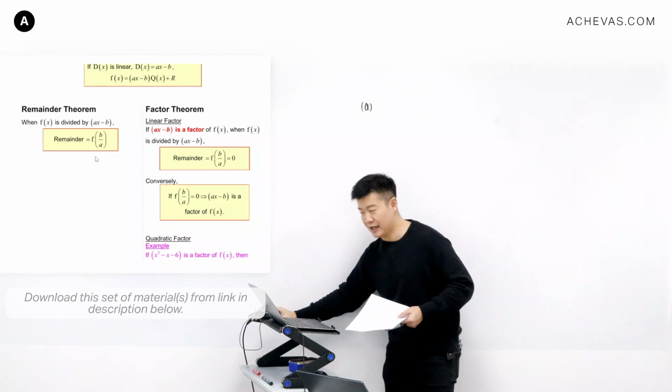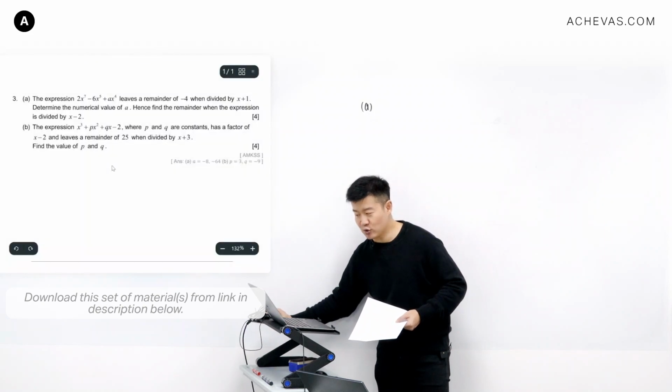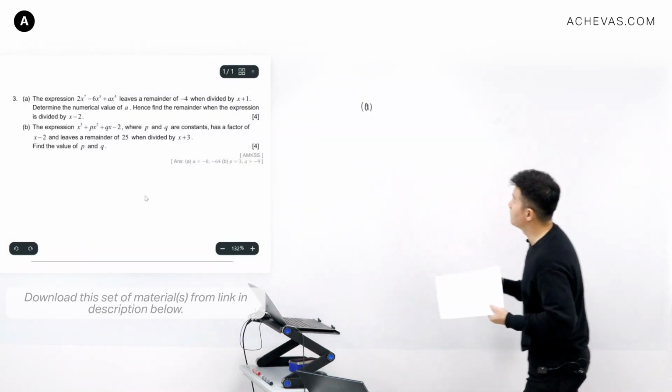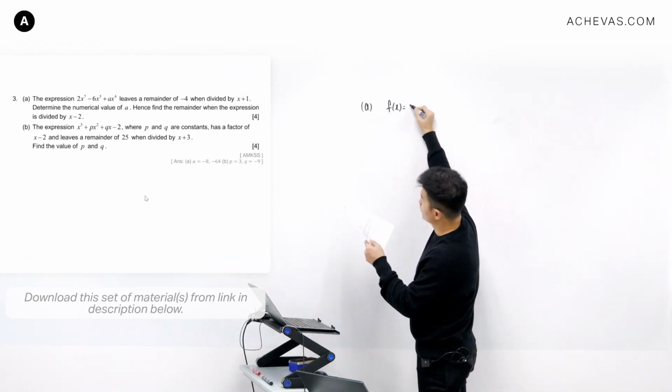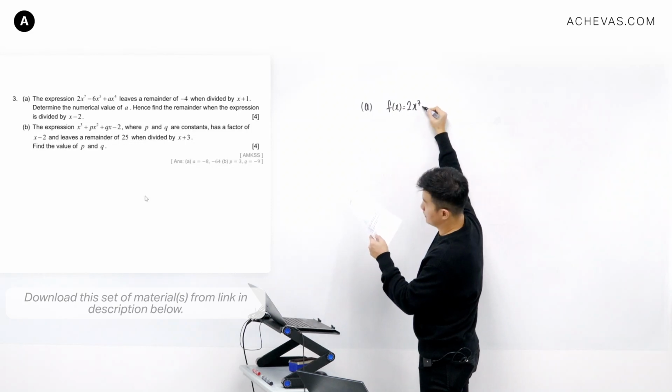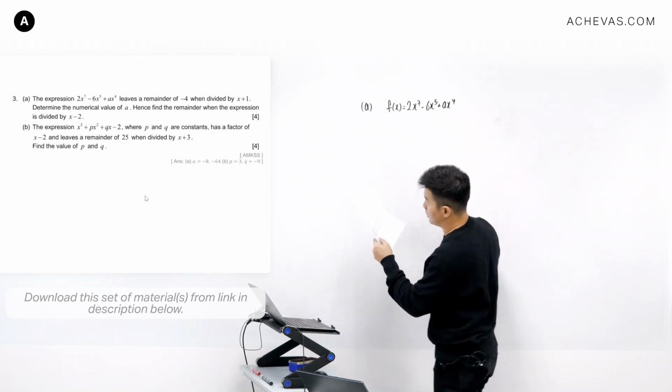So again, if f of x is divided by ax minus b, then the remainder is f of the value of x that will cause this to be 0, which is b over a. Just by letting this be equal to 0, x is b over a, and that will help us to get a value for this. So if I apply this to this question, we are going to let f of x be equal to 2x to the power of 7 minus 6x to the power of 5 plus ax to the power of 4.